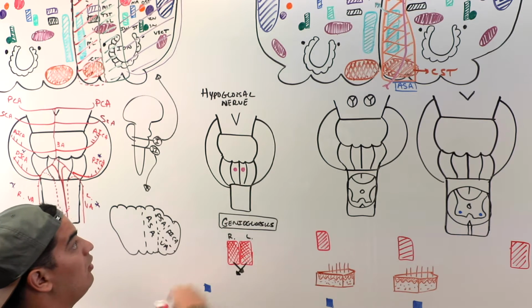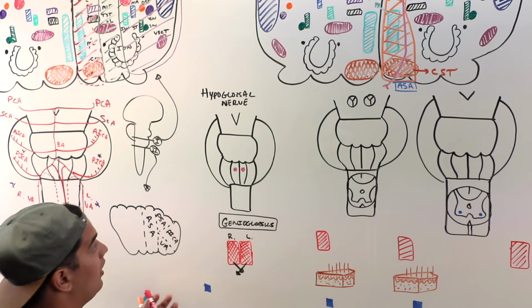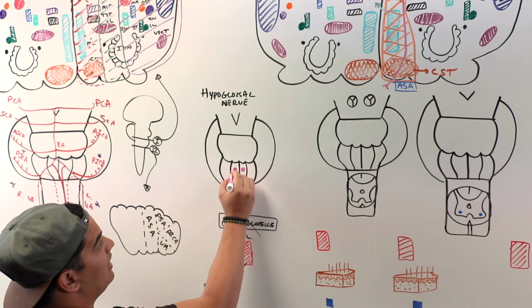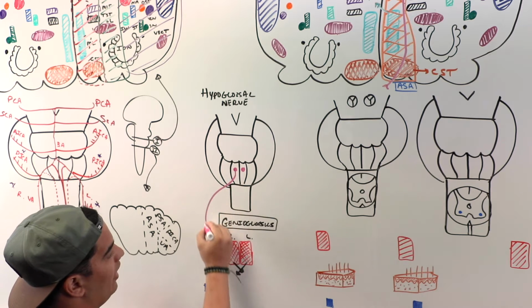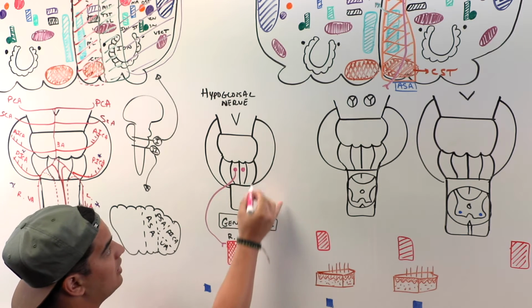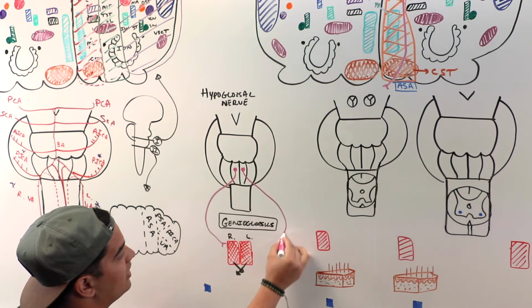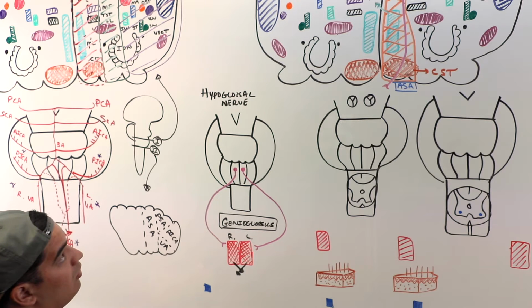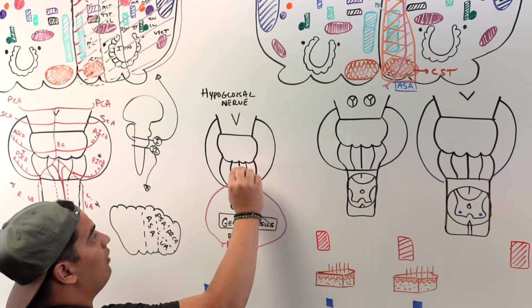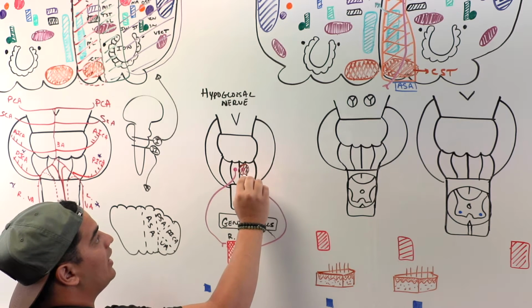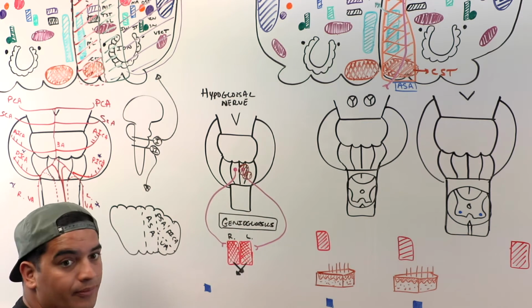So let's follow this issue here. Hypoglossal nerve, it supplies the ipsilateral genioglossus here. So the right nucleus and right hypoglossal nerve supplies the right genioglossus. The left hypoglossal nucleus and nerve supplies the left genioglossus. For the sake of our diagram, the lesion is involving the left hypoglossal nucleus and the nerve.